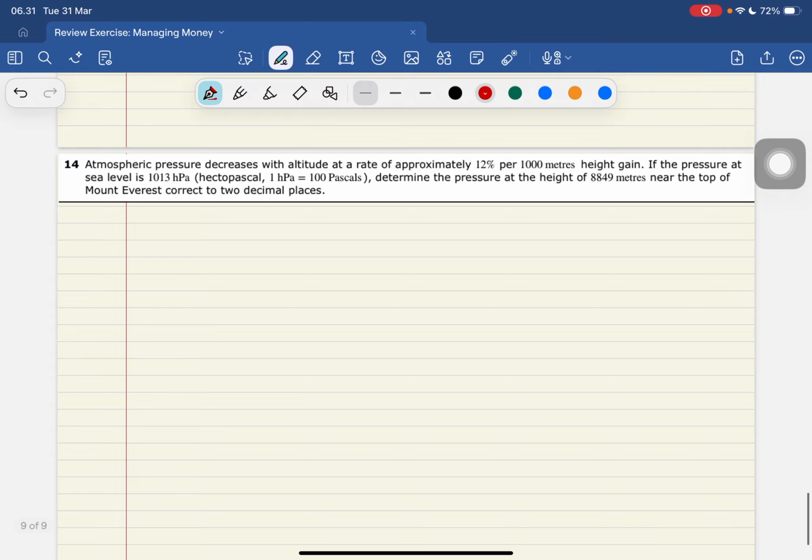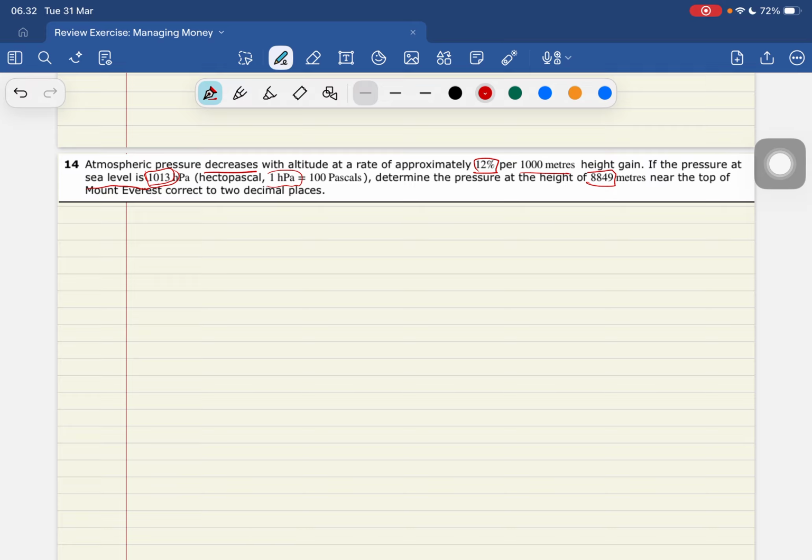Okay, it's the last question. The atmospheric pressure decreases at a rate of approximately 12% per 1,000 meters height gain. If the pressure at sea level is 1013 hectopascals, determine the pressure at the height of 8,849 meters.